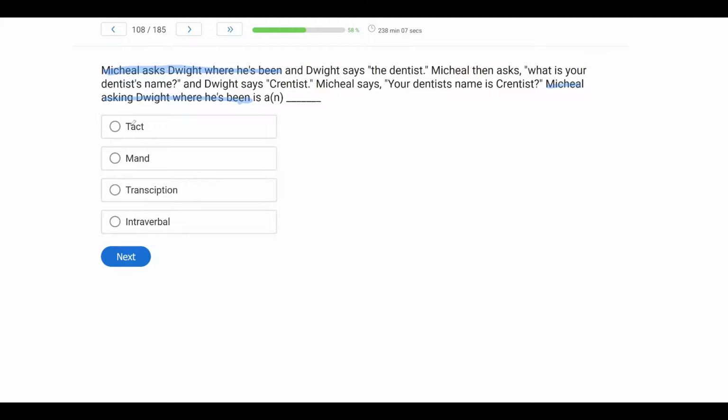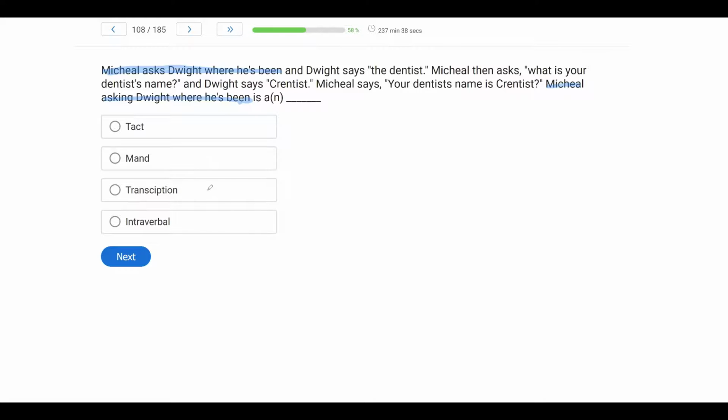If we think about a tact, it is evoked by a nonverbal stimulus where you're more or less labeling something. Now, Michael is not labeling anything here. Michael's asking for information. He's demanding information. Michael asking Dwight where he's been is evoked by some sort of motivating operation for information. So it looks like a demand.